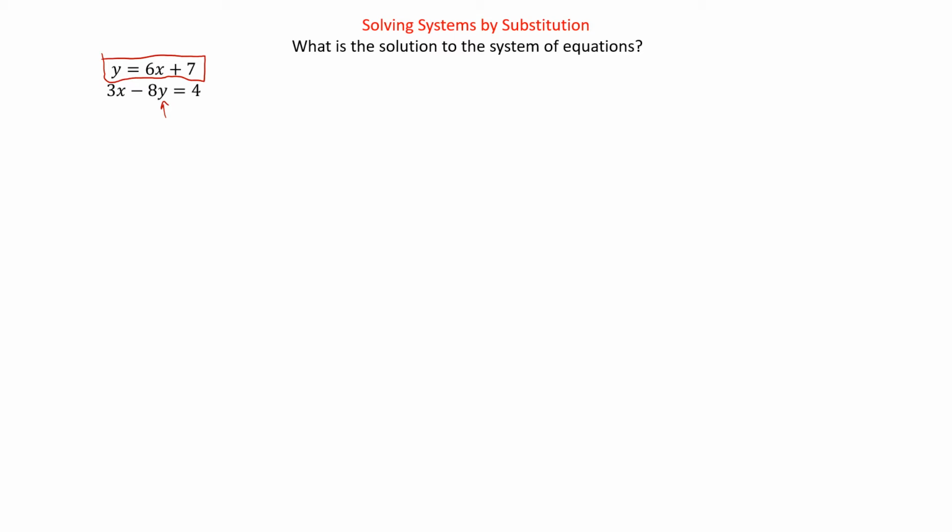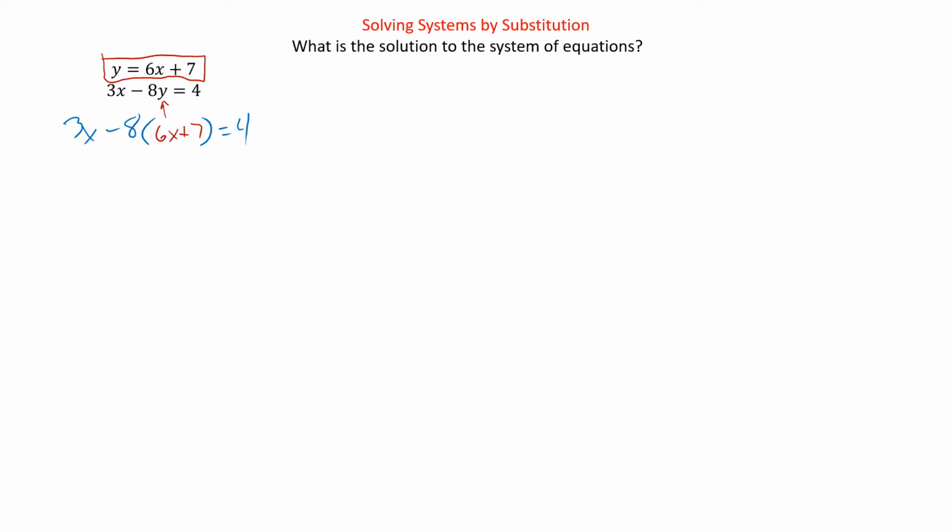So we're going to have 3x minus 8 times y equals 4, but instead of y, we're going to put what y equals, which is 6x plus 7. Now we have one equation with one variable.